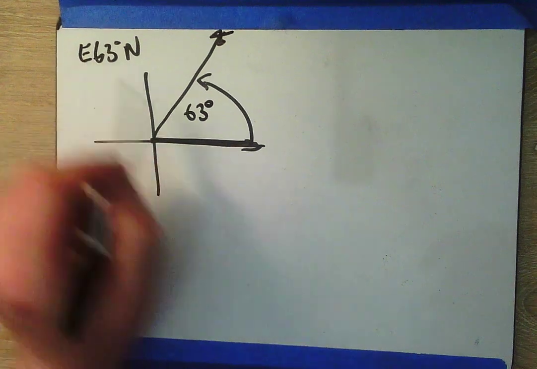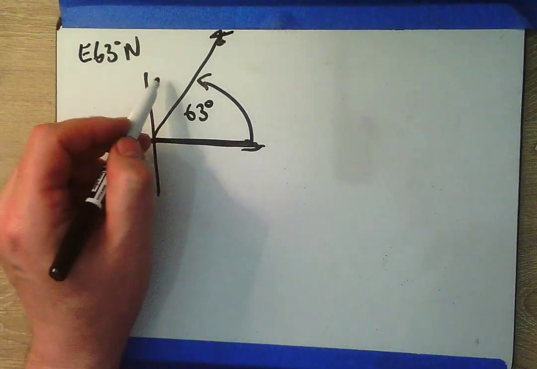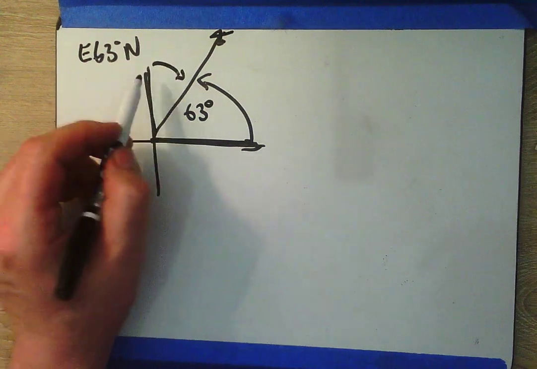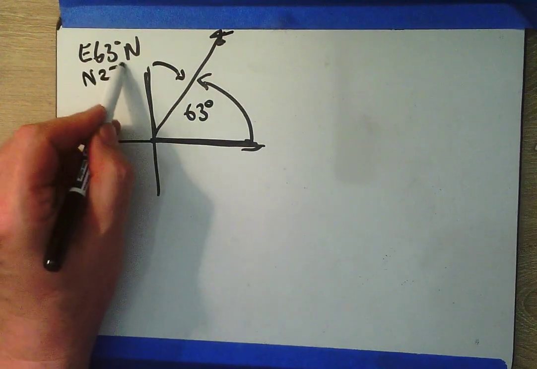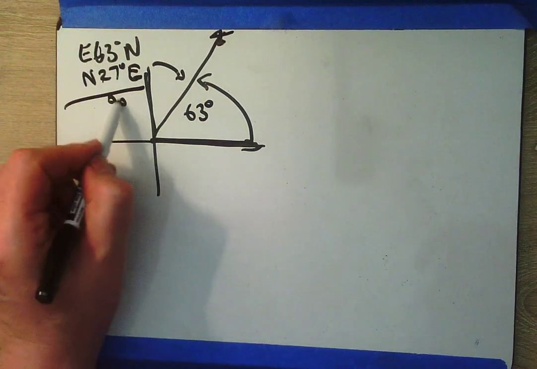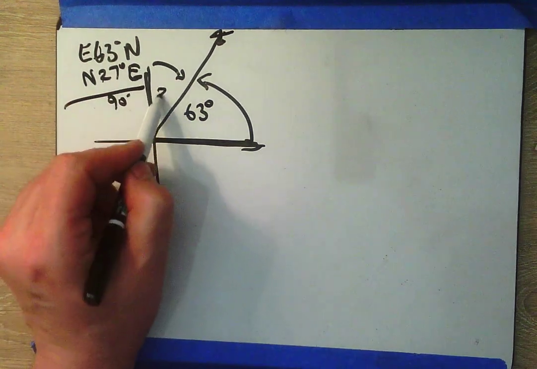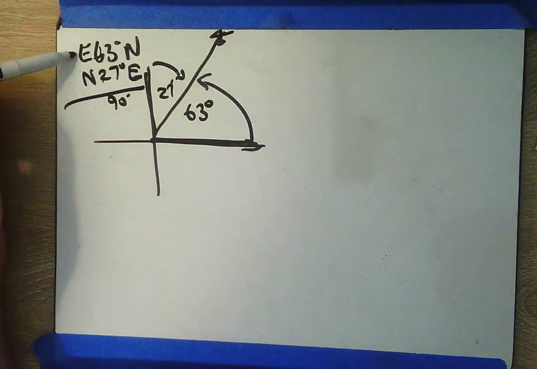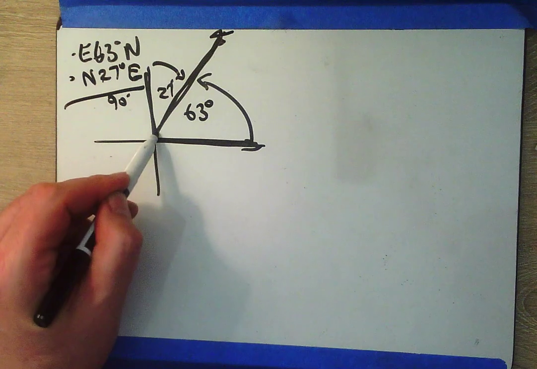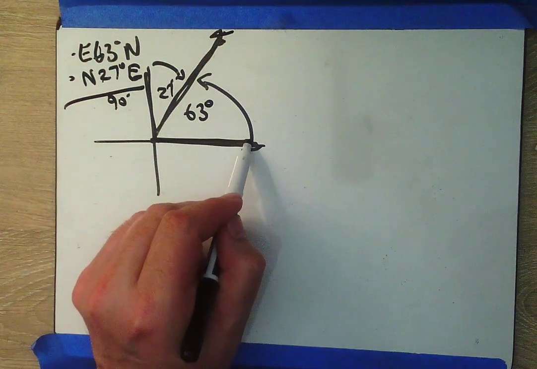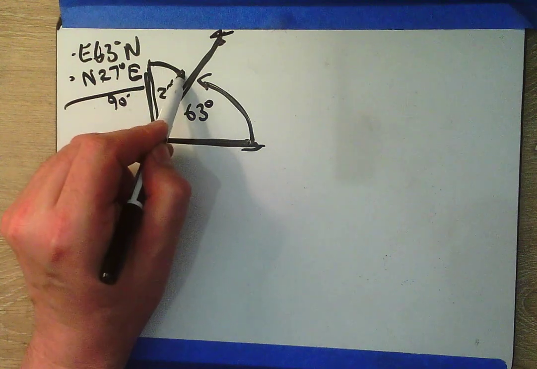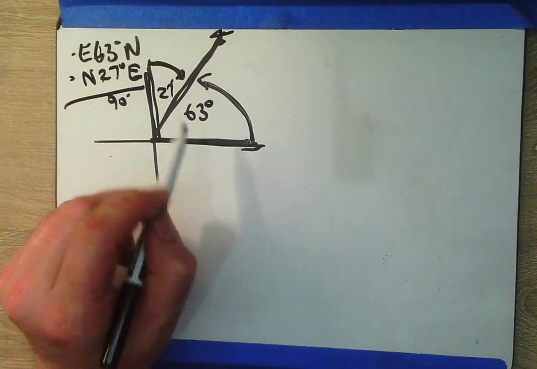Now this bearing, east 63 north, is the same as head north and then go 27 degrees east. Notice these two add up to 90 degrees. Either bearing can be used to describe this path, either east 63 north or north and then 27 east.